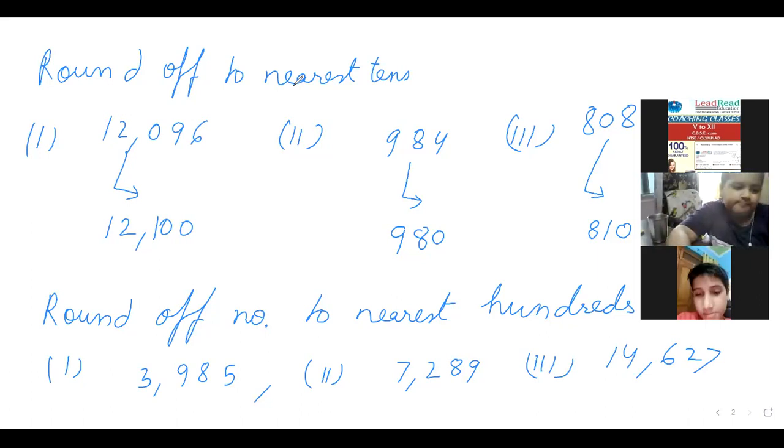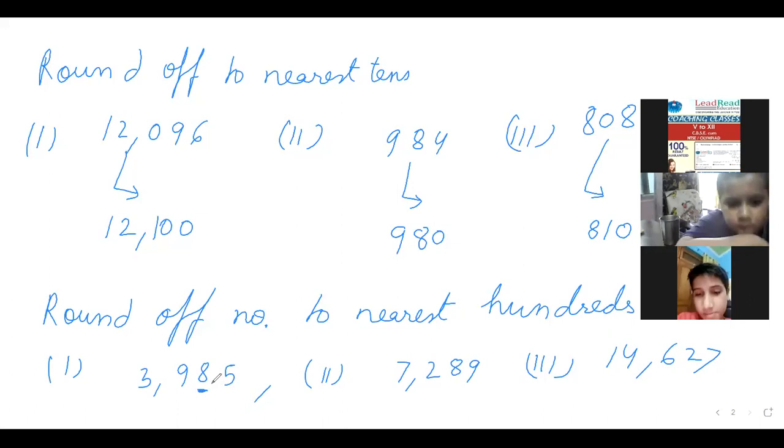Yes, ma'am. Okay, so see, Tanmay, we are doing rounding off of the number to the nearest 100, you can see on the screen. Okay, so let's see, Tanmay, if we want to round to nearest 100, we have to observe the tens place.